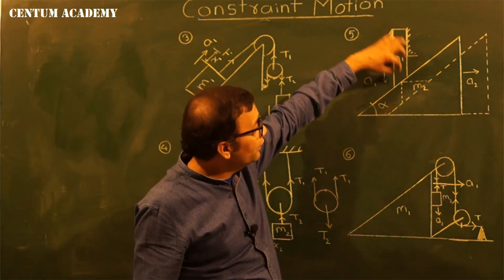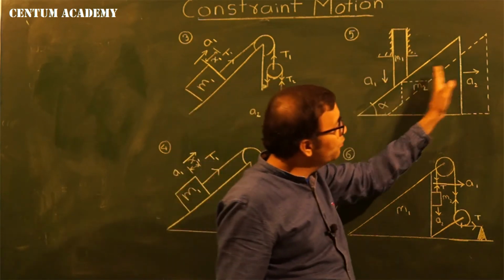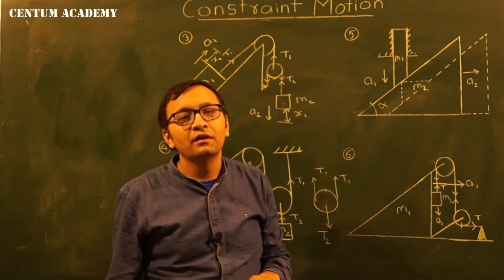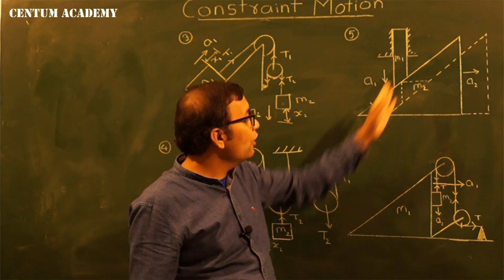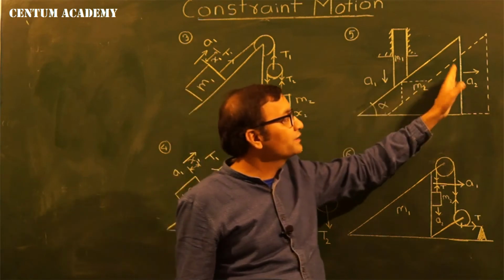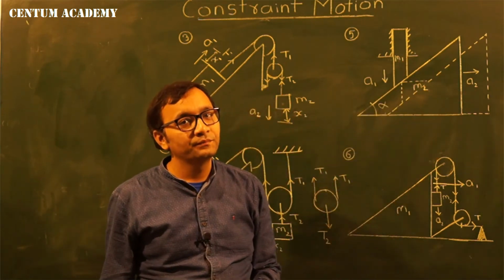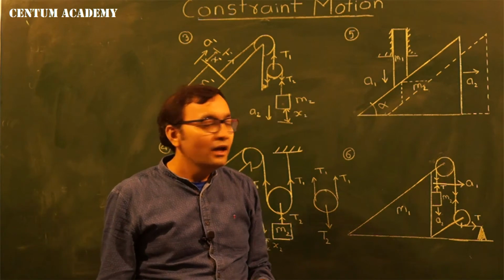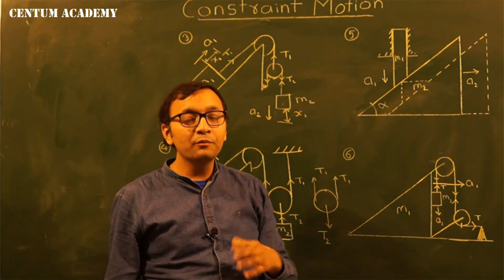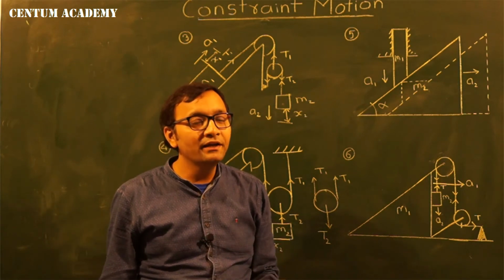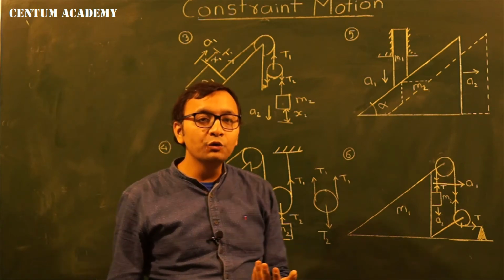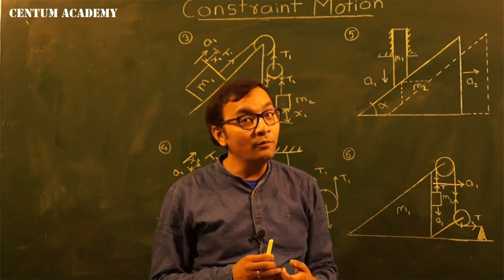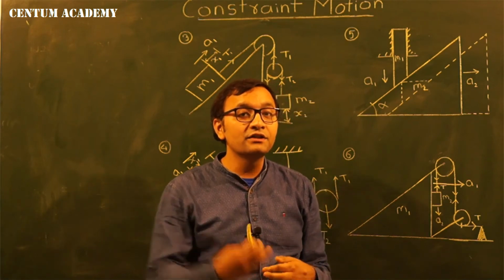And because of its vertical motion, this wedge is moving on the right hand side. We need to find the relation between the acceleration of this bar and the acceleration of the wedge. Right? Here, you will see that the standard procedures may not be applied in a straightforward manner, and at times you have to use some sort of mathematics or common sense to arrive at the constraint equation.